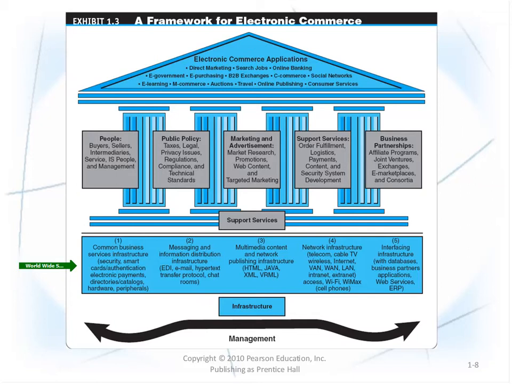Number 2, messaging and information distribution infrastructure like email, hypertext, different protocols, chat rooms. Number 3, multimedia content and network publishing infrastructure. Number 4, network infrastructure like telecom, TV, internet, wireless, WAN, Wi-Fi, WiMAX, cell phones, and different telecommunication networking devices. And number 5, interfacing infrastructure like databases, business partners, applications, web services, enterprise applications.